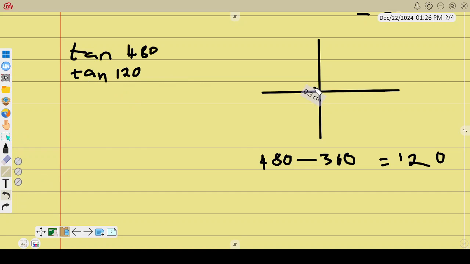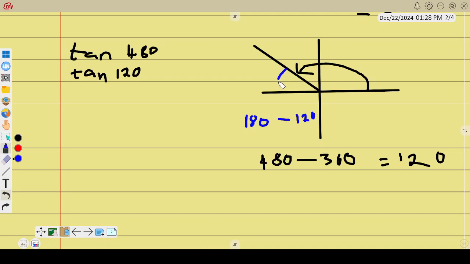So where is 120? 120 is somewhere here. So meaning the angle we have is this. We can find the helping angle. The helping angle is simply 180 minus this angle on this side. We'll say 180 minus this angle, which is 120.